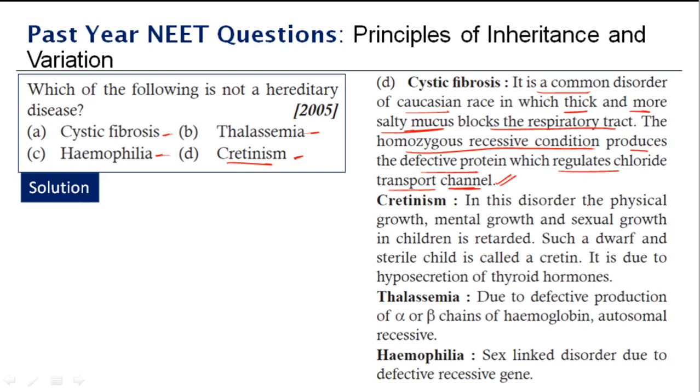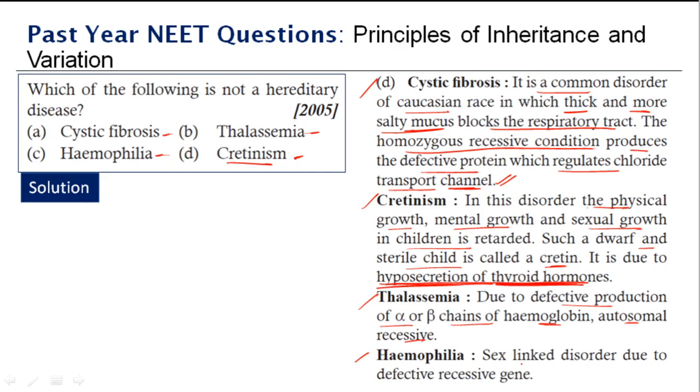Cretinism, on the other hand, is a disorder in which the physical growth, mental growth, and sexual growth in children is retarded. Such a dwarf and sterile child is called a cretin. It is due to hyposecretion of thyroid hormones. This is very important, so remember all of this solution: what these particular diseases are caused by. Thalassemia is due to defective production of alpha or beta chains of hemoglobin, and it is autosomal recessive.